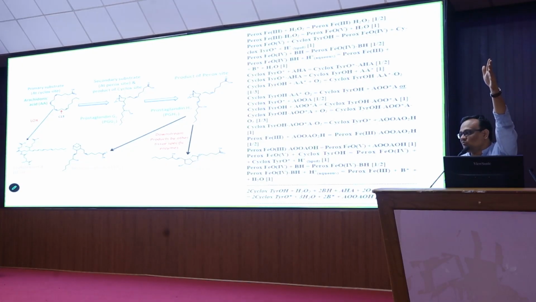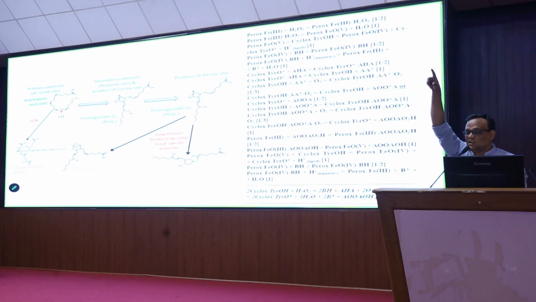the enzyme is able to do both, right? Wonderful enzyme. So you have arachidonic acid at a particular carbon 13, it gets attacked and there is endoperoxide formation, right? You have something known as PGG2. PGG2 is actually the product of cyclooxygenase site.